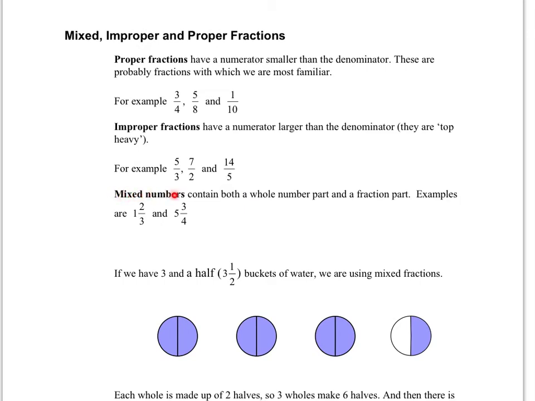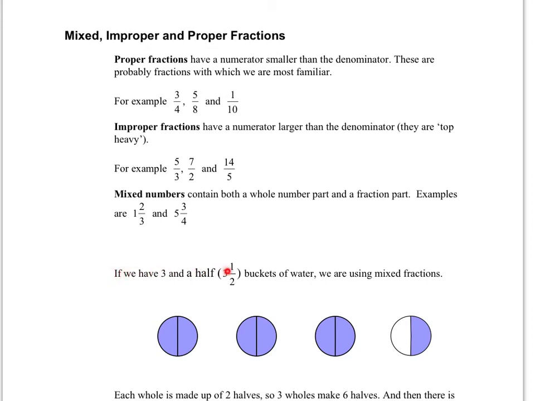Mixed numbers contain both a whole number part and a fraction part. For example, 1 2/3 is 1 whole and an extra 2/3. 5 3/4 is 5 whole and 3/4.